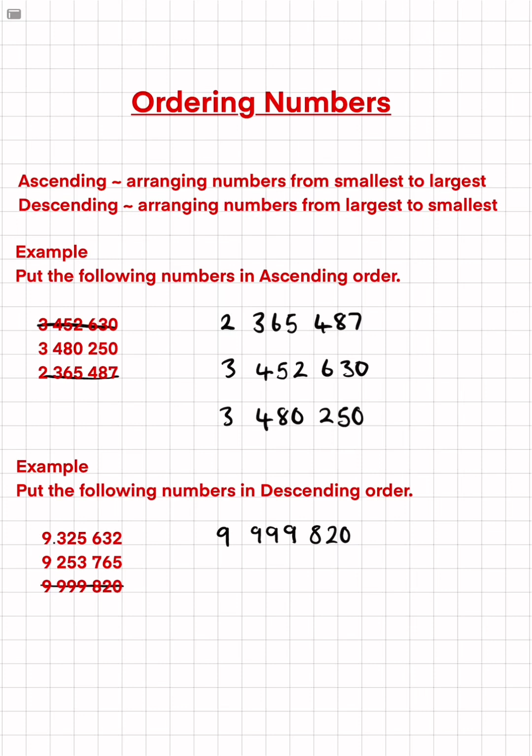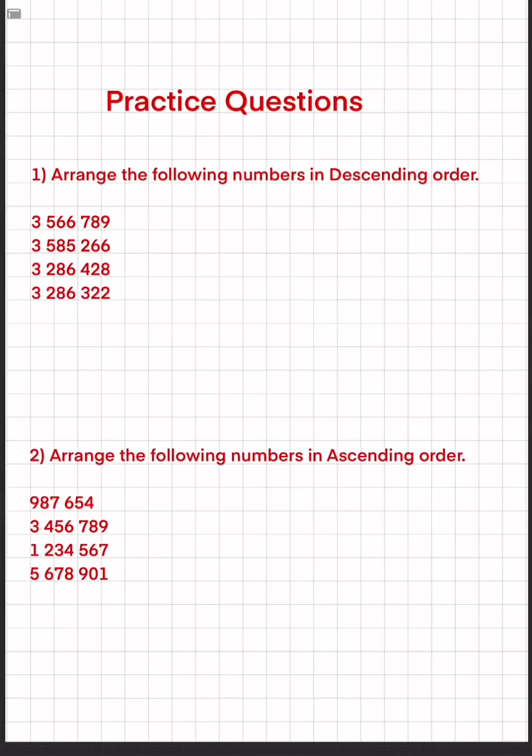So the next largest number is 9,325,632, leaving us with the smallest number, which is 9,253,765. For you to try, press pause and have a go at them, and when you're ready for the answers, press play.